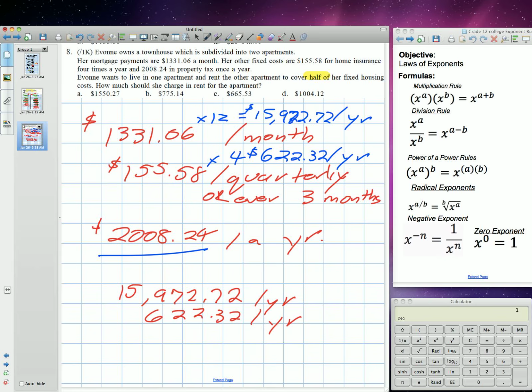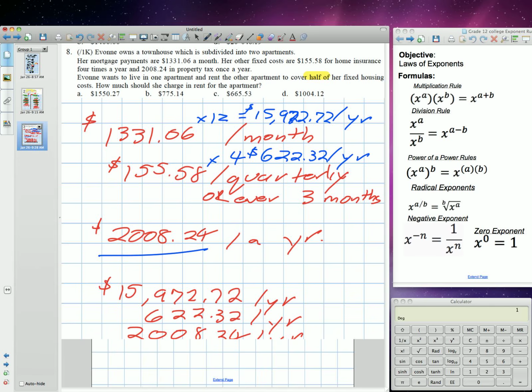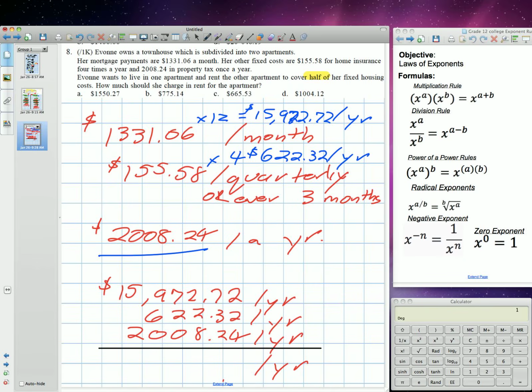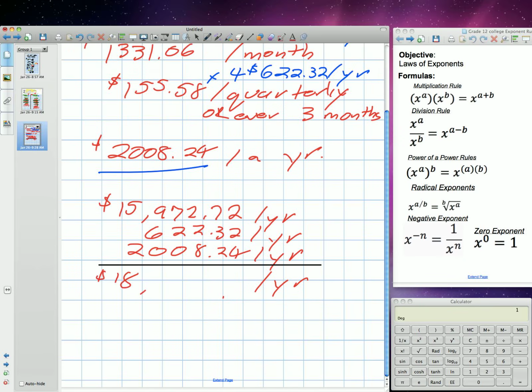So every year, how much money does she spend in total per year? What is it, Matthew? 18,000? So her yearly fixed costs for housing are $18,603.28 once we've added those all up together.